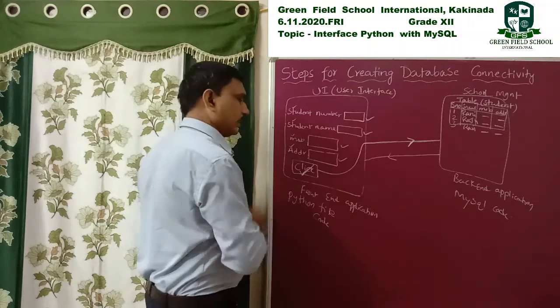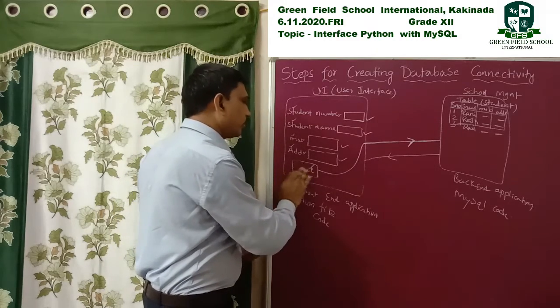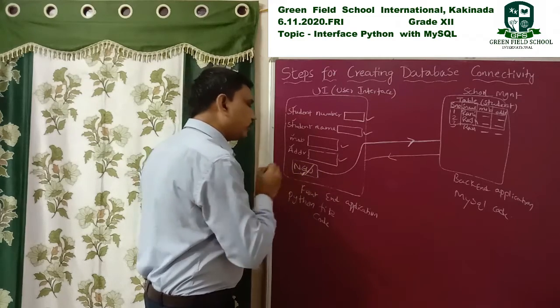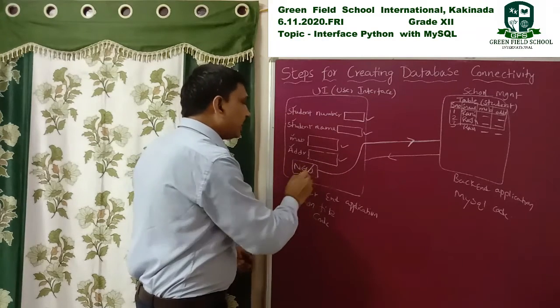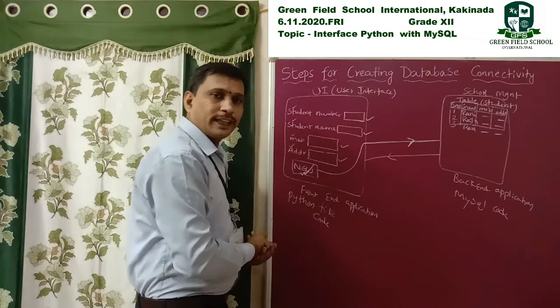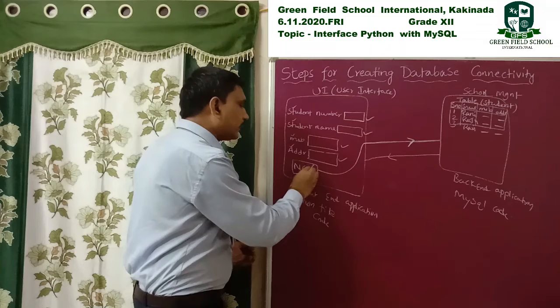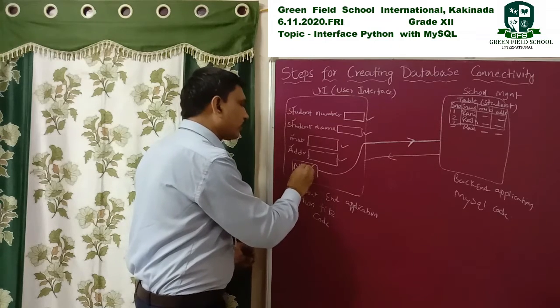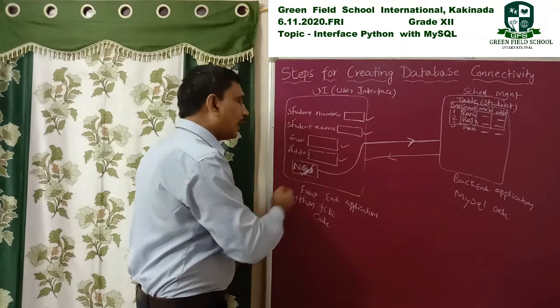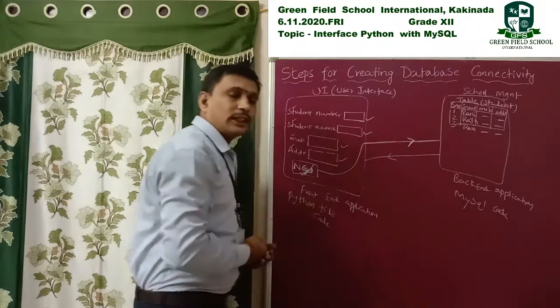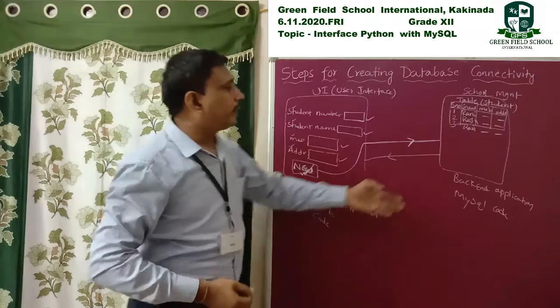So when I click new, new data is inserted into that table. This one is the new button. When I am clicking the new button, automatically this data is inserted into this table.